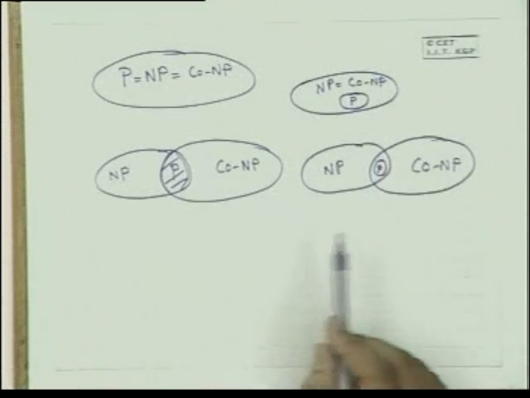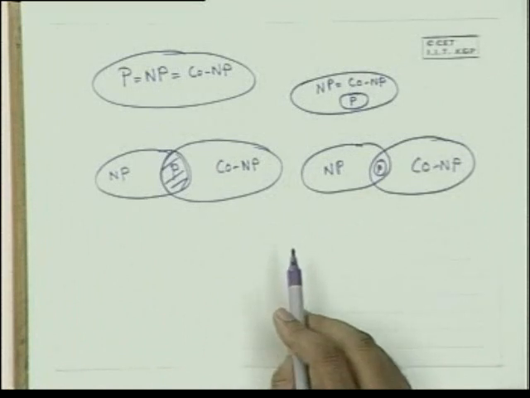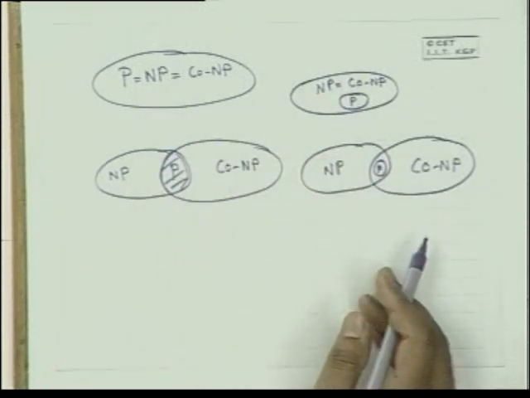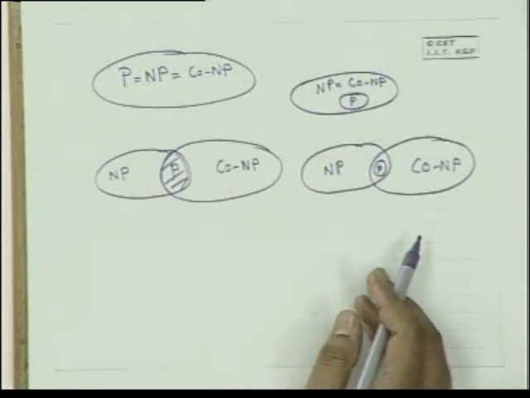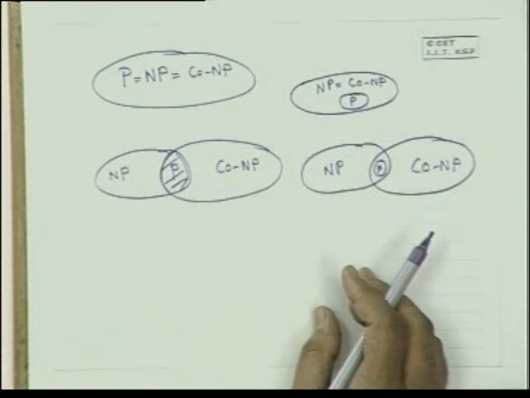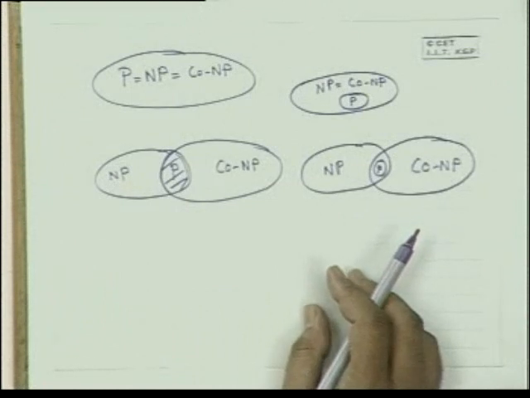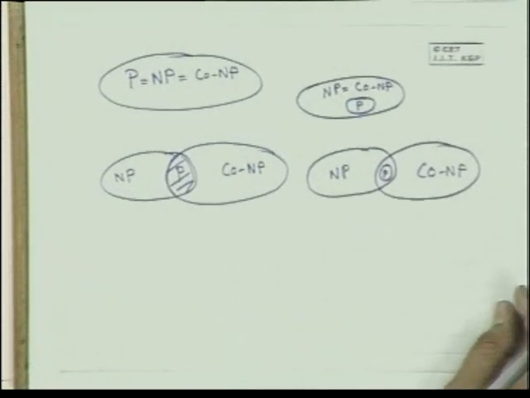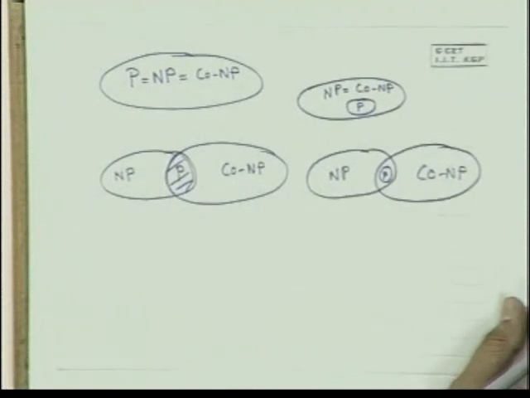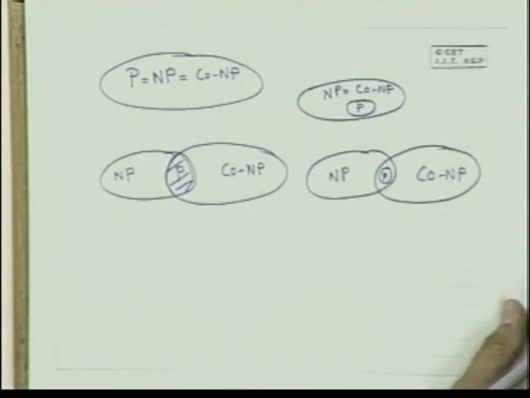And among these four, which one is correct, nobody knows. This is an open problem till today. There is no idea about this configuration. All right, so these are the classes of problems. So at least we know three classes, NP, P, and co-NP.